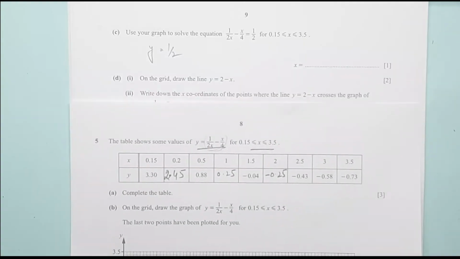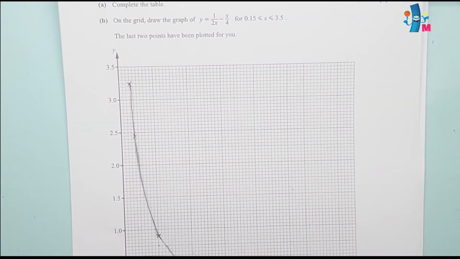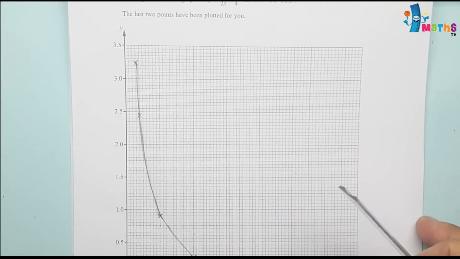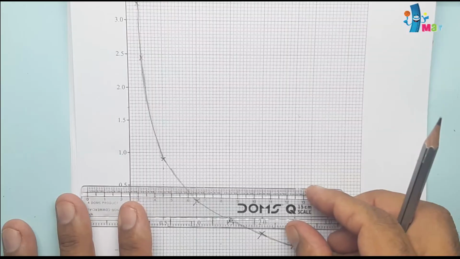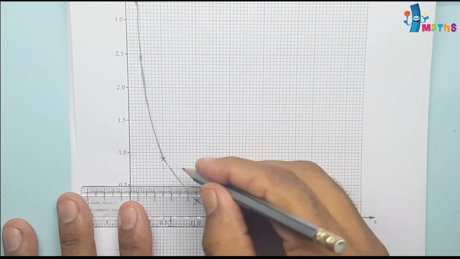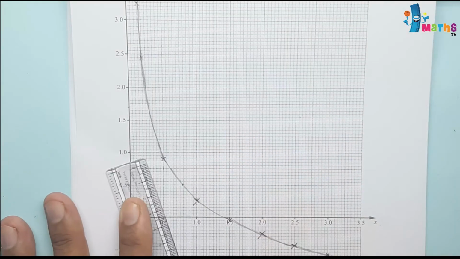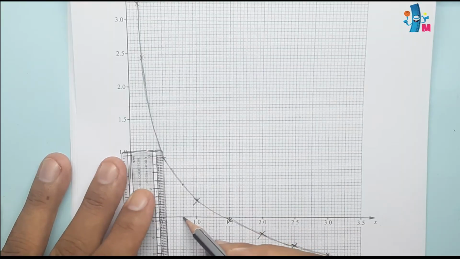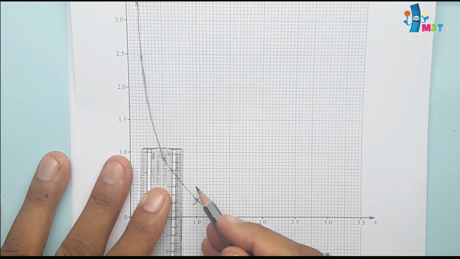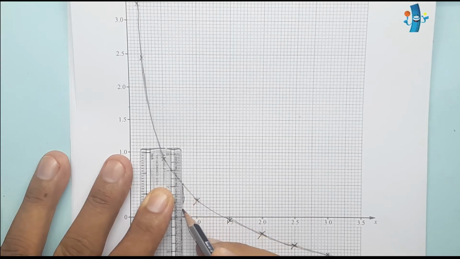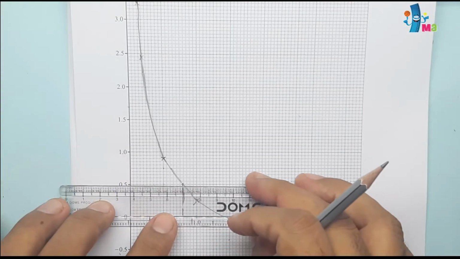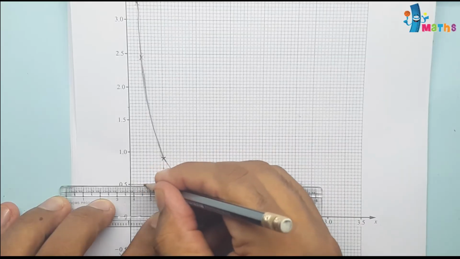So the value for y is 1/2, which is 0.5. We check 0.5 here, and the curve will be at this point, and we can read the value from here.